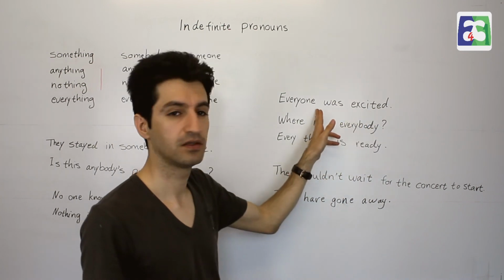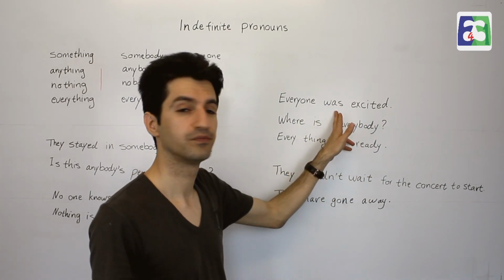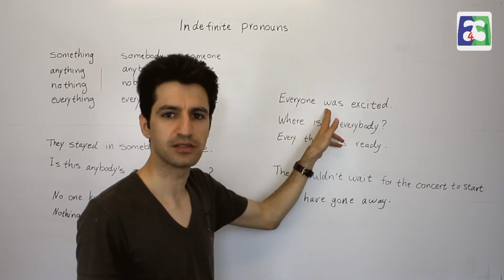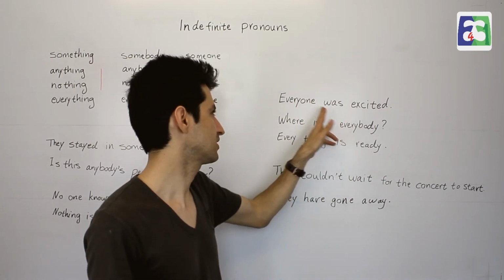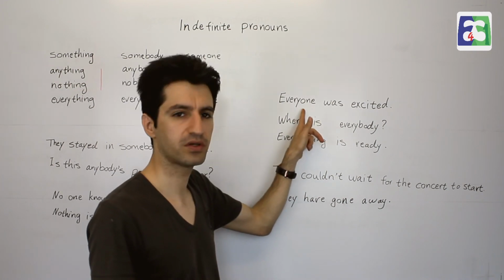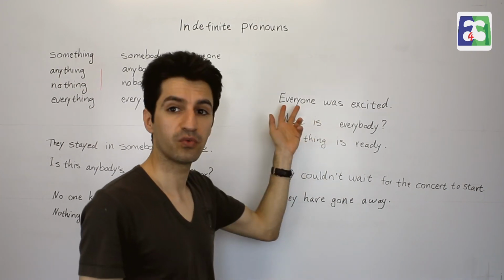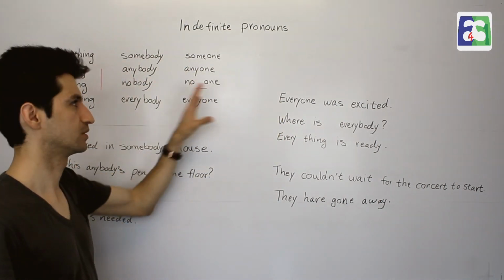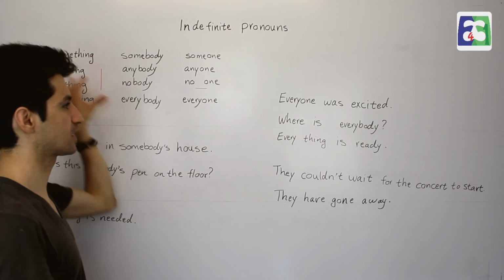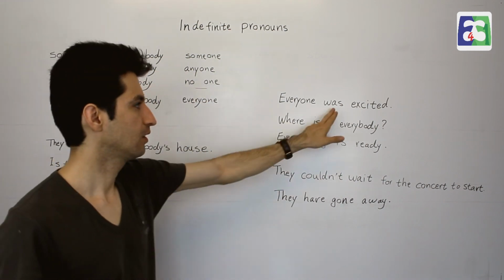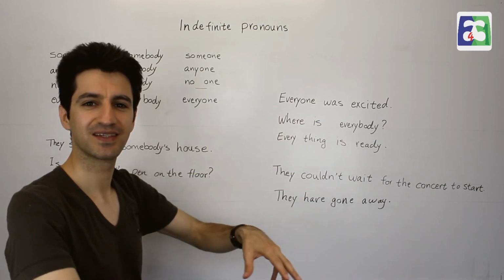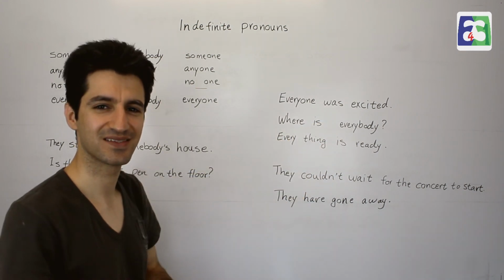But if I say they, then I say they were. So you see, everyone is like she. It's like I am talking about one person. So we always use singular verbs after these. If you have these as your subject, then use the singular form of the verb. If it's present, add third person s.